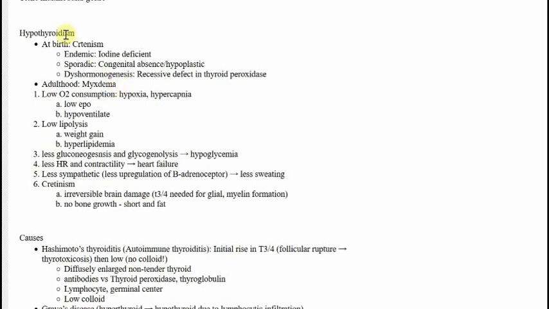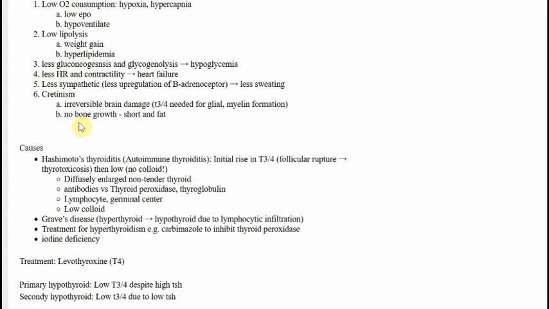So someone who is hypothyroid at birth, known as cretinism, can have, for example, heart failure due to reduced heart rate, brain damage, so learning disability, no bone growth, so they could be short and fat. As we said before, it also affects one's metabolism, so they may have weight gain. The treatment for it would be replacement, so free T4.